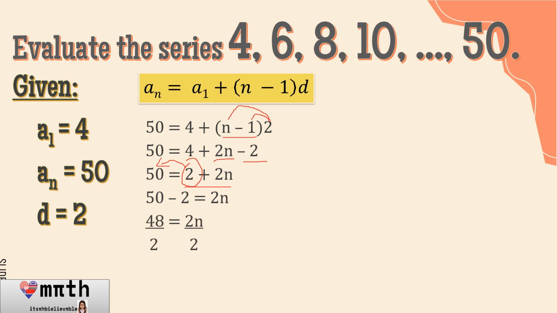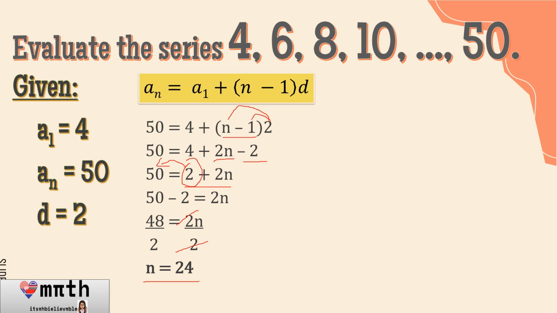Then, divide both sides by 2 since that is the number beside n. So, this will be cancelled out, so the value would be n. And 48 divided by 2, that is 24. So, that is the value for our n. But we're looking for the value of the arithmetic series.